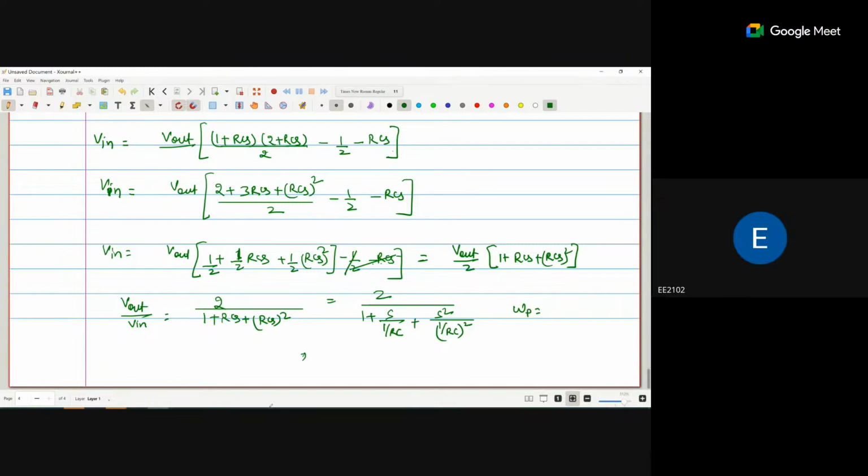If I compare it with the standard form, 2 upon 1 plus S upon omega P QP plus S square upon omega P square, then omega P square is 1 by RC square. That means omega P is equal to 1 by RC. And second, omega P QP is 1 upon RC. This implies QP is 1 upon RC into omega P. If I put the value of omega P, QP is equal to 1.